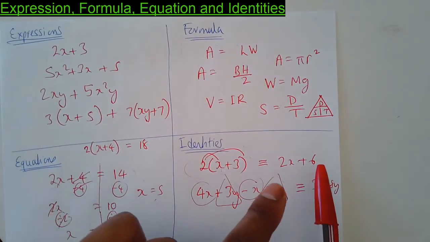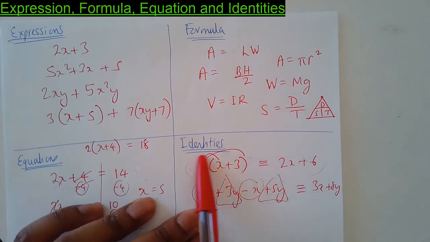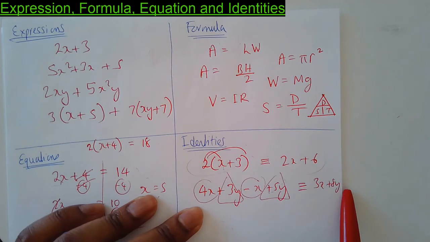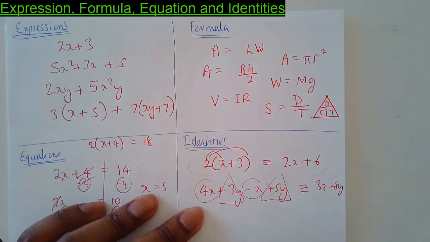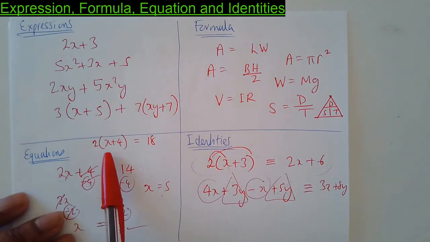Identities. They look different on both sides, but they are the same thing. So with this one, I expanded it to get that one. And here, I simplified it to get that side. Both sides are identical. Here, I'm not trying to find the value of x. That would have been an equation.